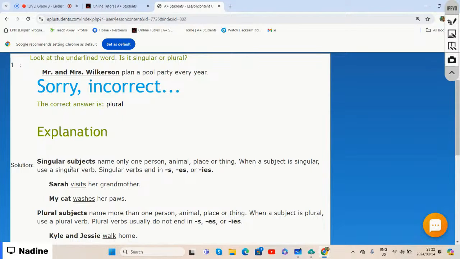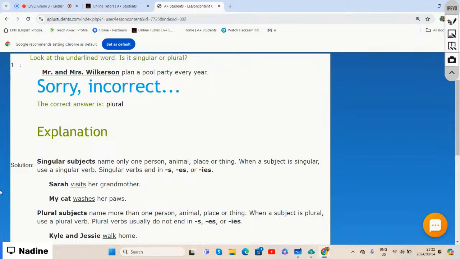All right. So we need to say is it singular or if it's plural. Mr. and Mrs. Wilkinson plan a pool party every year.